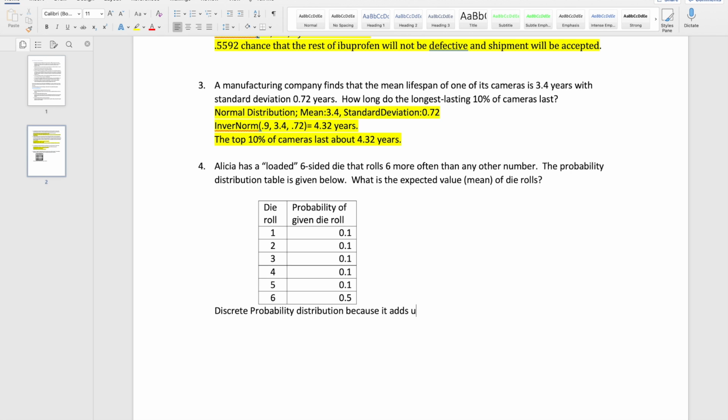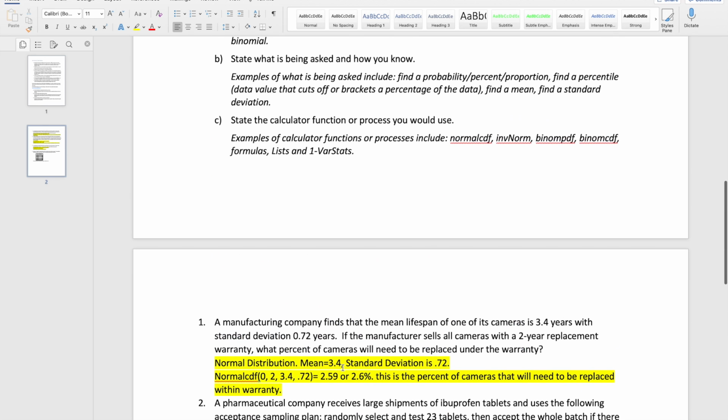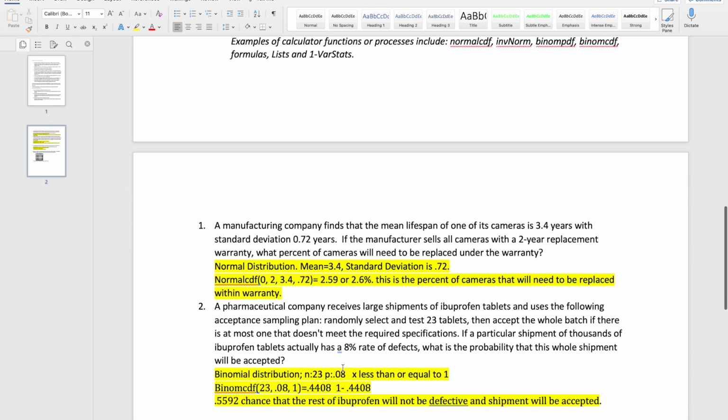It adds up to 1. And how we're gonna do this? Well, this is simple. We're just gonna go to our calculator, and what I'm gonna use is the lists in 1-bar stats.